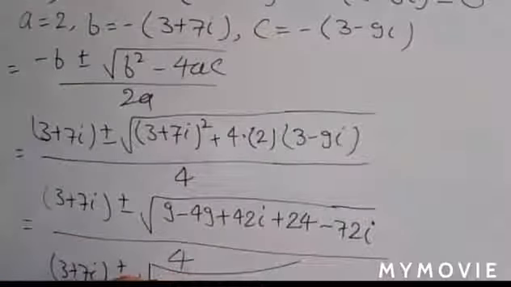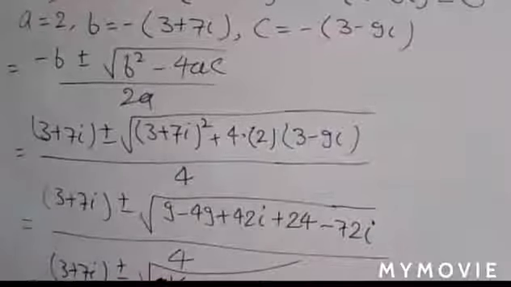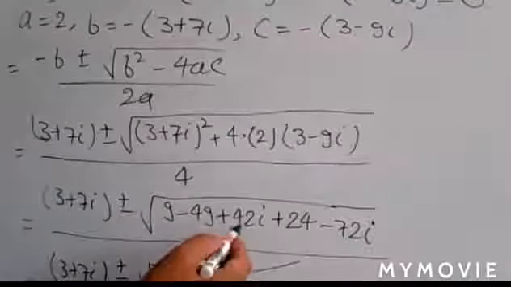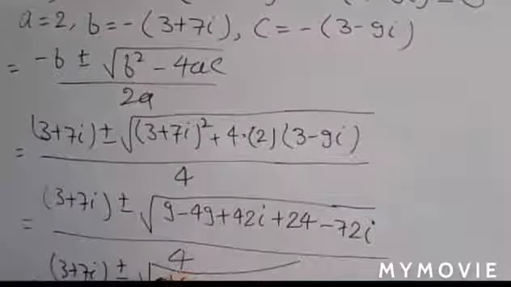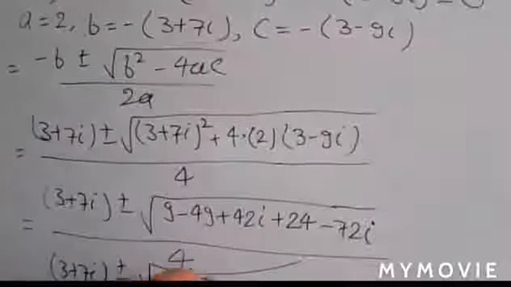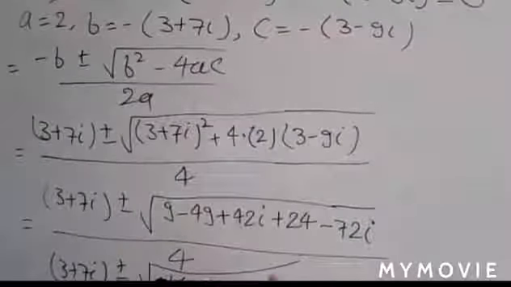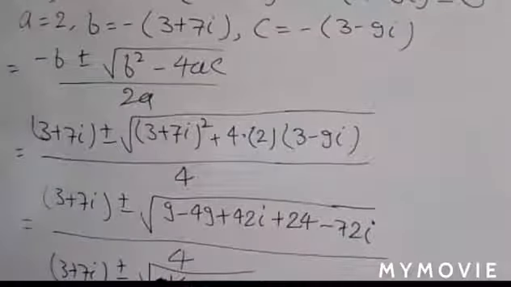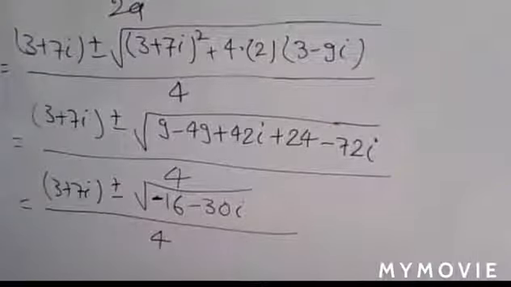You have minus 16. Check it. And if you simplify this one, 42 minus 72, so here you have minus 30i, whole divided by 4.